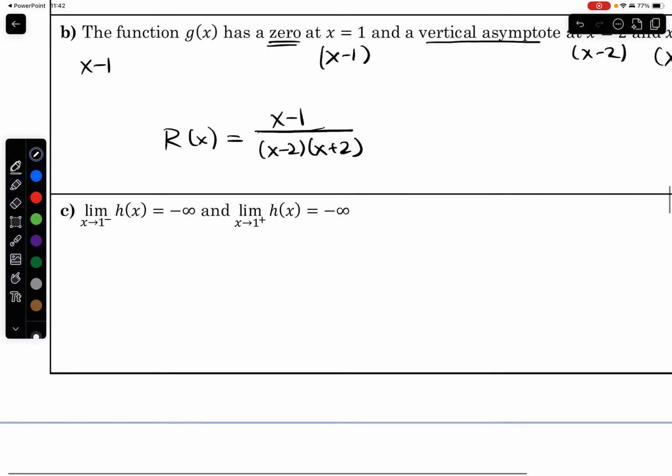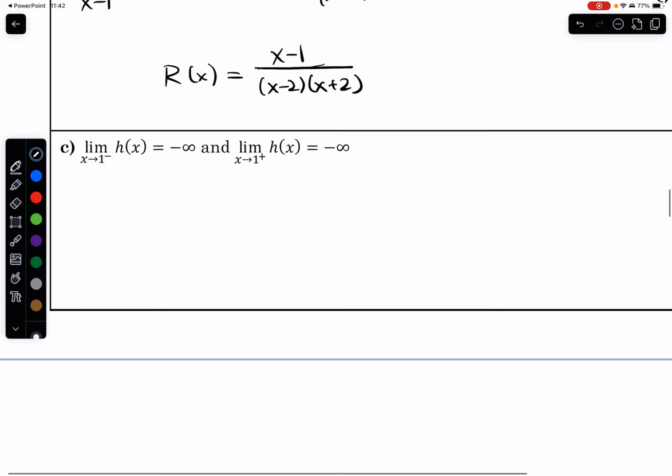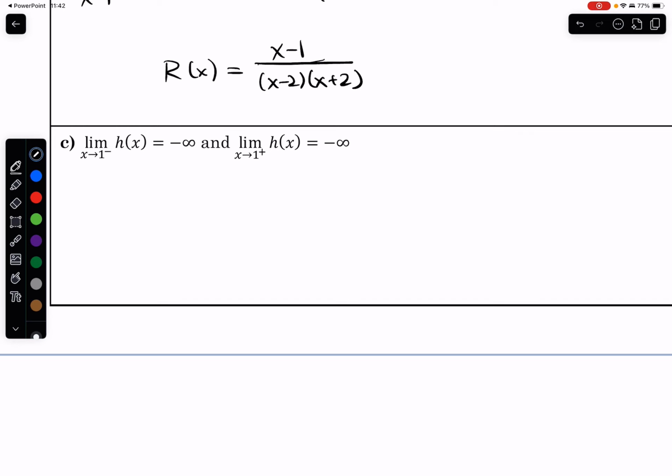And now, using limit notation. Here, the limit notation indicates that as x approaches negative infinity, the left end is going to negative infinity. As x approaches 1 from the left side, the function equals negative infinity, and as we approach 1 from the positive side, our function is approaching another negative infinity.